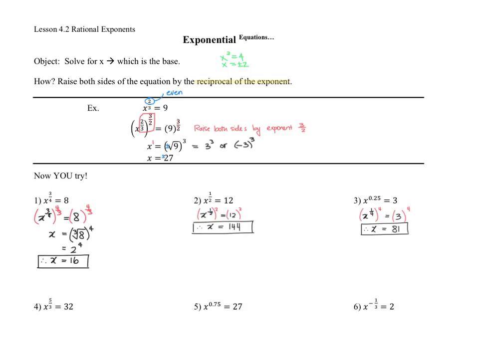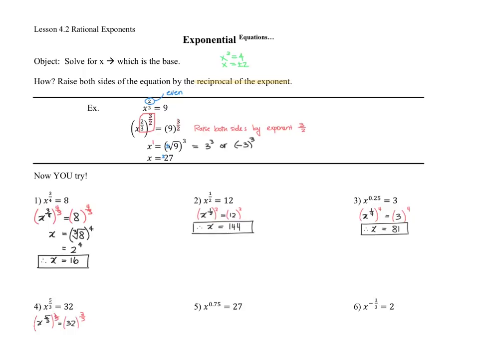Okay, next one, we have x raised to the exponent of 5 over 3 equals 32. So when you raise both sides to the exponent of 3 over 5, let's see what happens. Oops, sorry, I'm just going to erase this and try again here. So raise both sides to the exponent of 3 over 5.